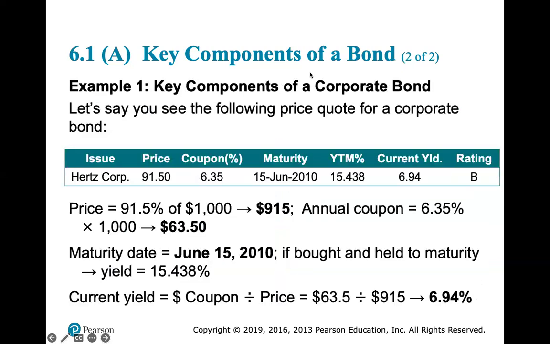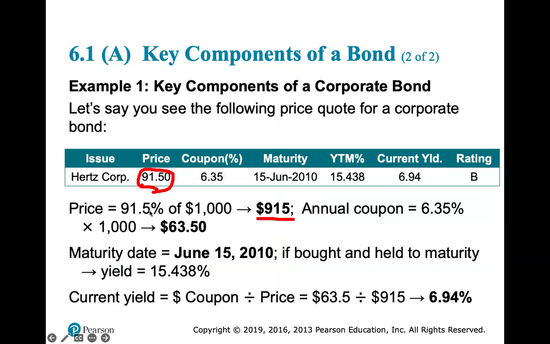In the example given here, we can see 91 and a half, which means 91.5% of $1,000. So the bond price traded at that time will be $915.